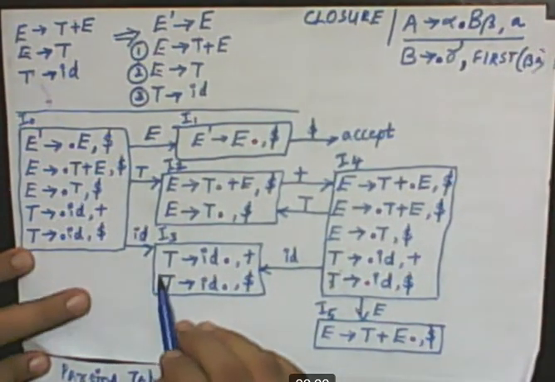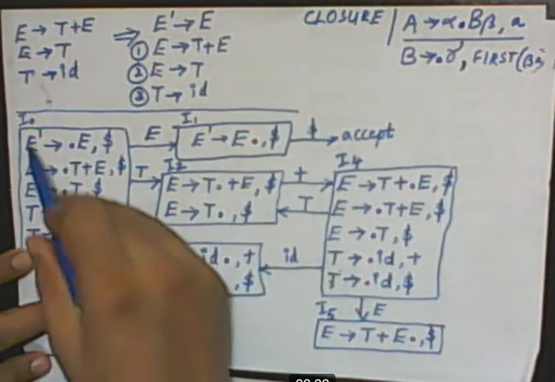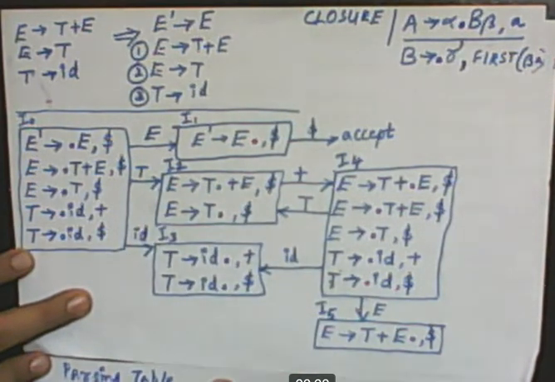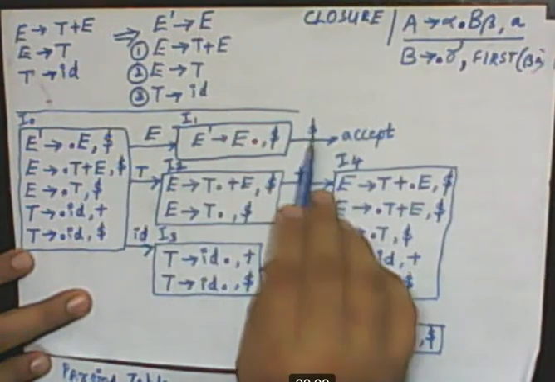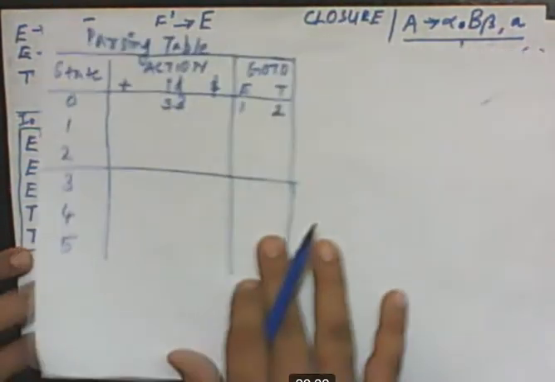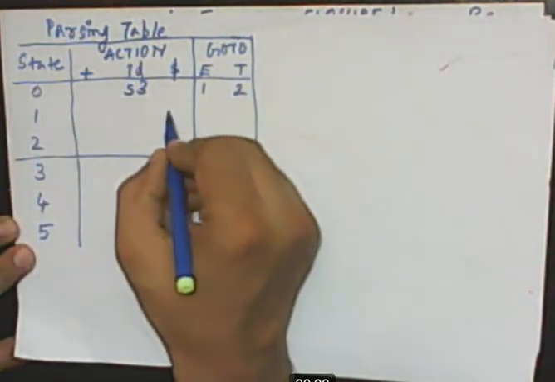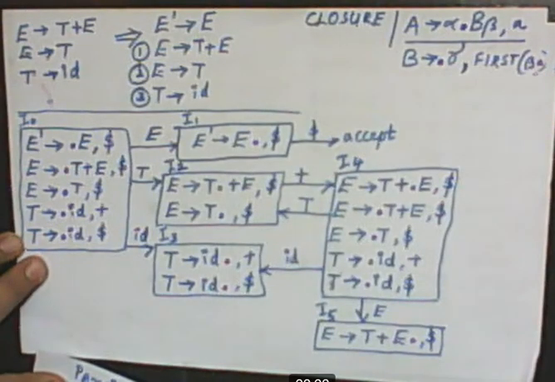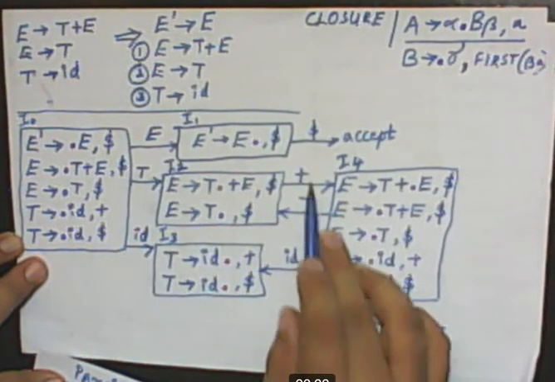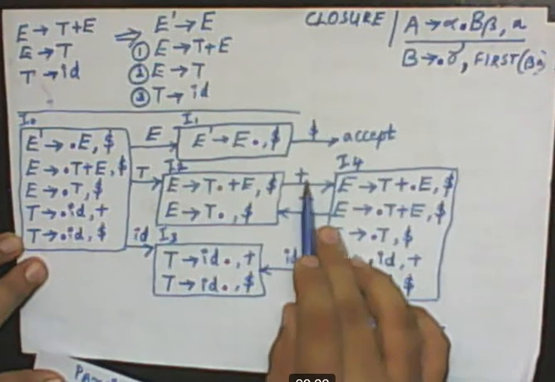Now on 0 all those transitions are over. Now on 1, for dollar you will go to accept. So for 1 on dollar you can mark it as accept, and on 2 you have one transition, that is plus.